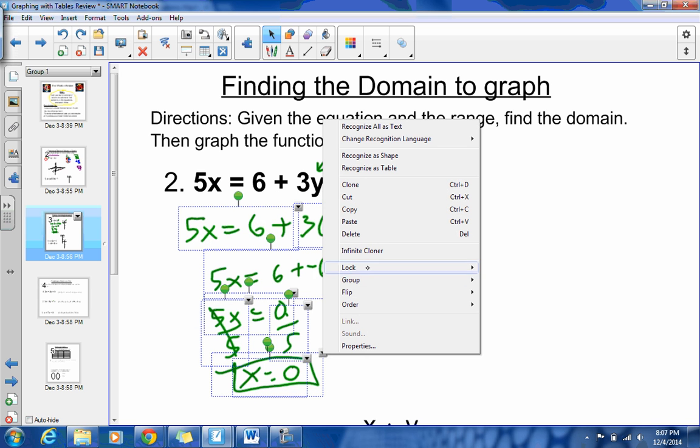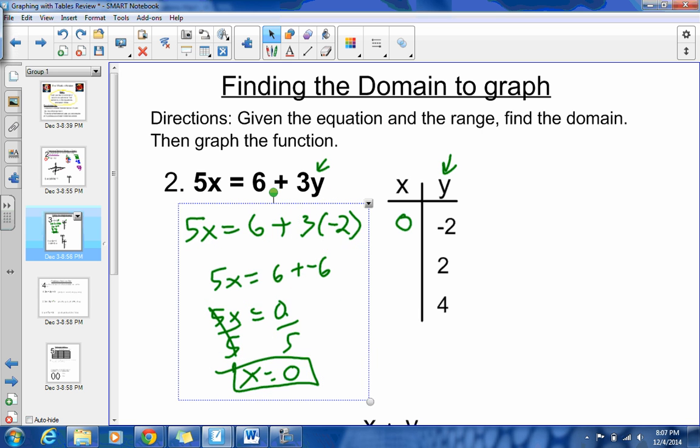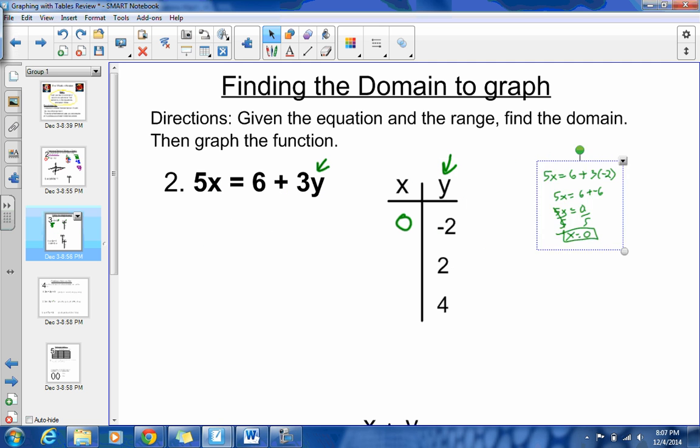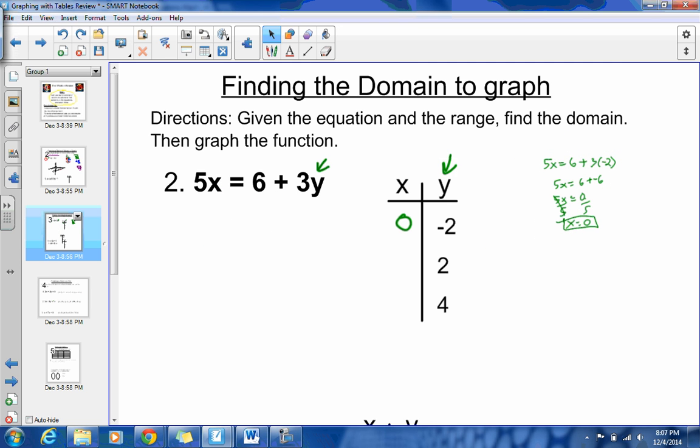And grouping that, we'll get rid of that. So now we're going to do the next one, which is y equals 2. All right, in red then, we're going to put 2 in for the y. So we have 5x equals 6 plus 3 times 2, which would be 6.